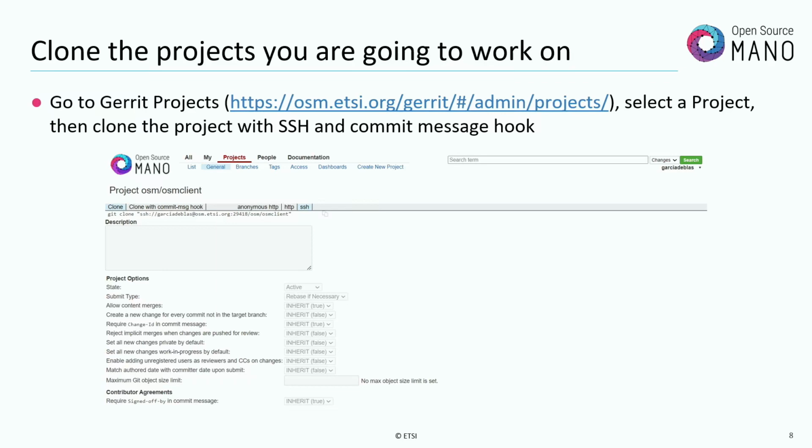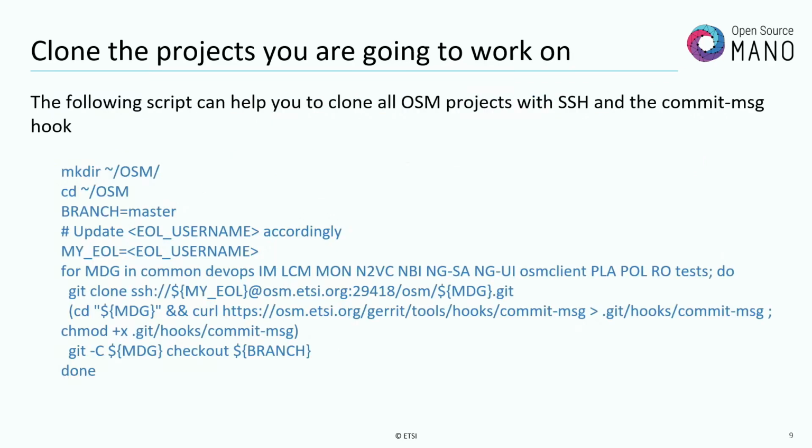The recommended way to clone your projects is using a small script. As you see in the slide, you can create a directory. We are calling it OSM directory, and you can write the branch that you would like to use. It's master. In here you can update it, and you can write your username.